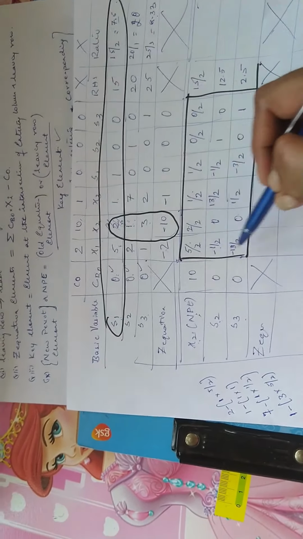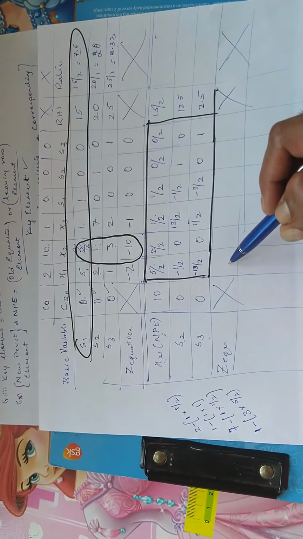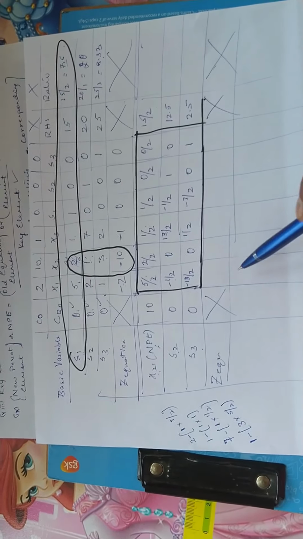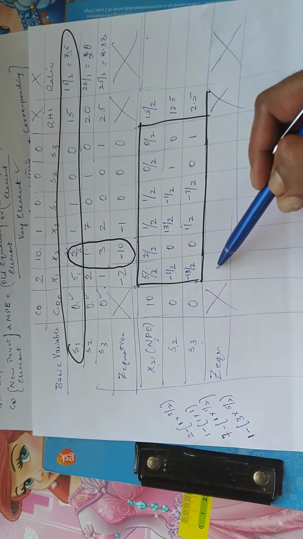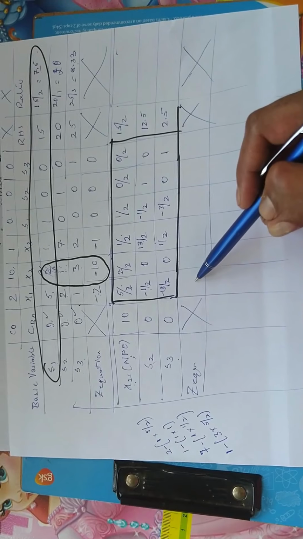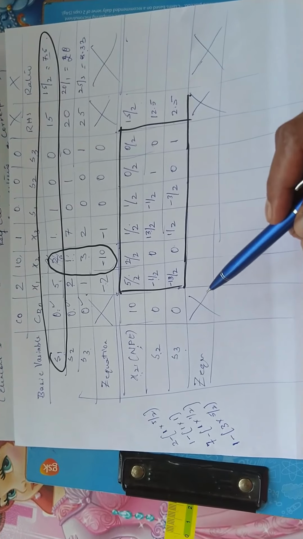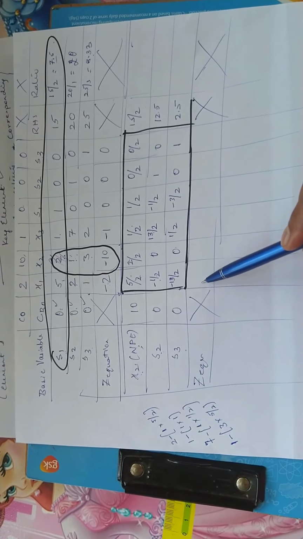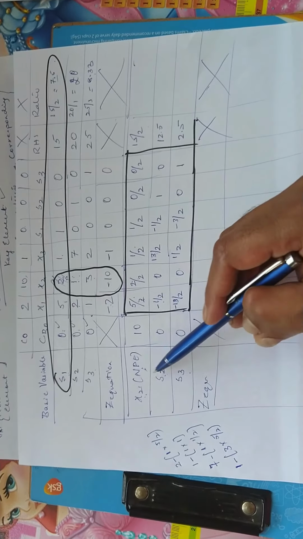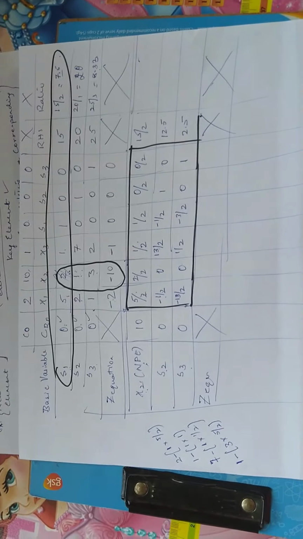We calculate the Z equation elements in order to find out whether we are supposed to go for the next iteration or not. I'll repeat once again: when we get all the values in the Z equation as positive values, we declare that we have reached the solution stage, and the corresponding values of the RHS equated to the basic variable are the solution.